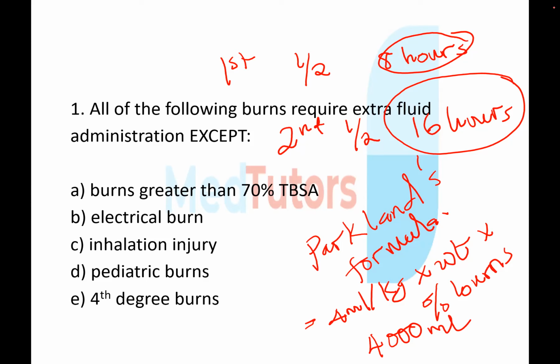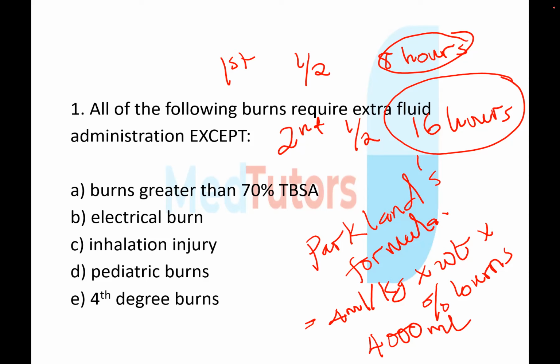Now, in electrical burns, you have to give a large amount of fluid so that the destroyed tissue and muscle breakdown will not cause muscle injury and acute kidney injury. So you have to hyperhydrate and even alkalinize the urine so that the patient does not develop renal failure.